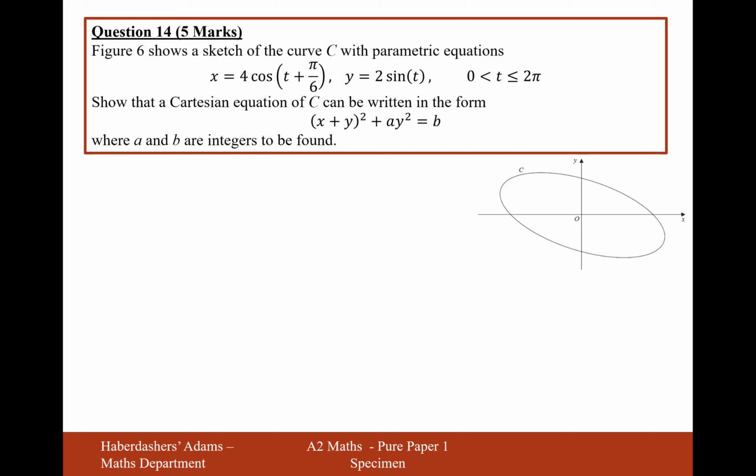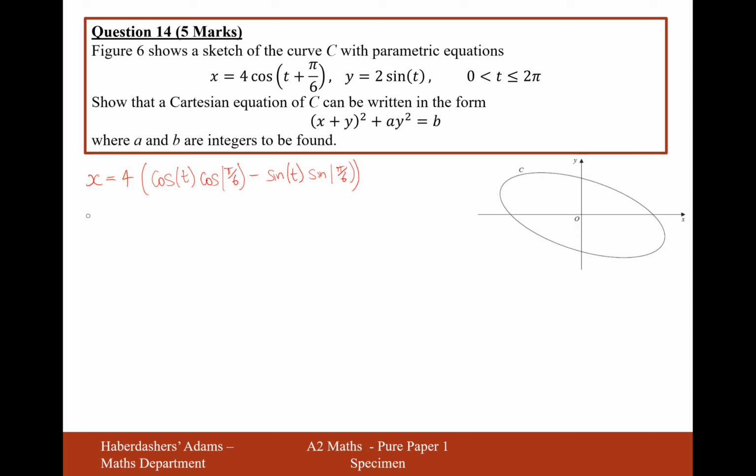Right, okay, the first thing I would probably want to do is rewrite x using the angle addition formula. So I would want to write it as cos t cos of pi by 6 minus sine t sine of pi by 6. Now pi by 6, remember, is 30 degrees.